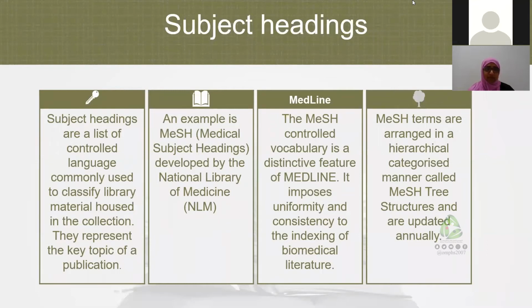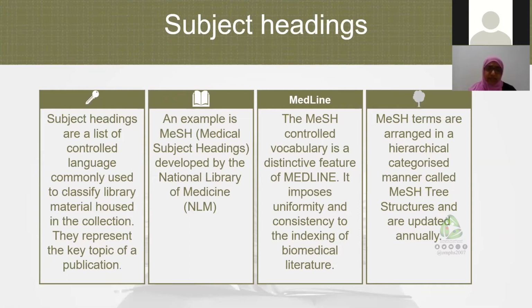Okay. So subject heading, as we said, what is subject heading? Subject headings are a list of controlled language commonly used to classify library material housed in a collection. So they have a collection, they have certain words that already fit there, so you will represent that word as a key topic of your publication.